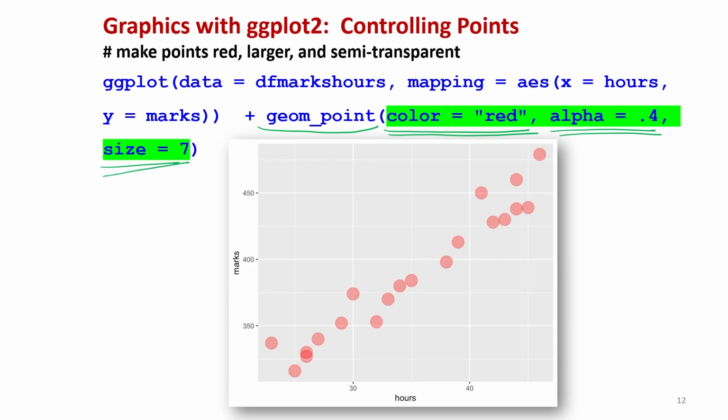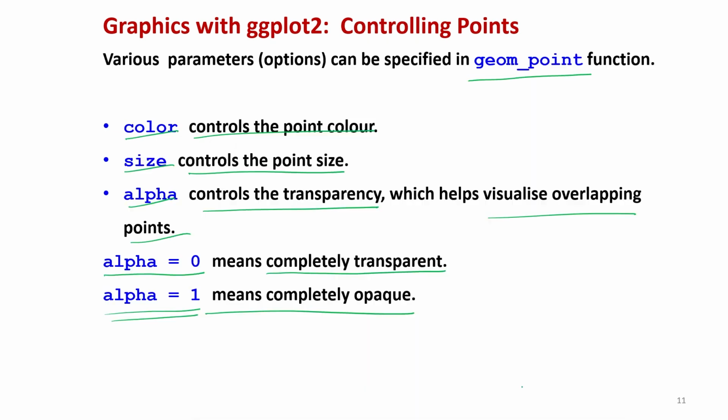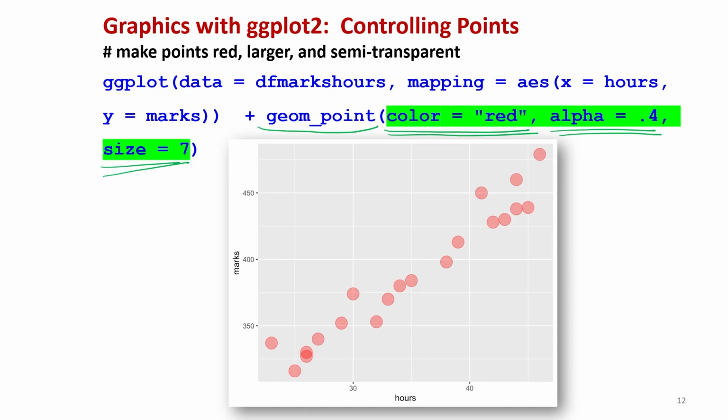So you can see this earlier graph, where all the points were in black color in the default size. Now the size of the point has actually changed. It is now bigger, which is controlled by the option size. And you can see the color of these points is red.